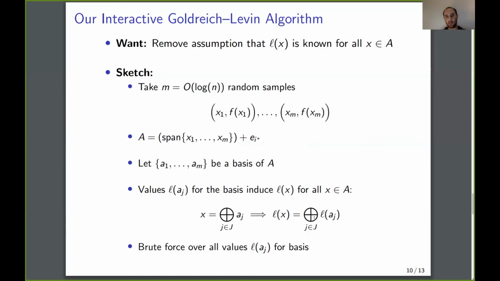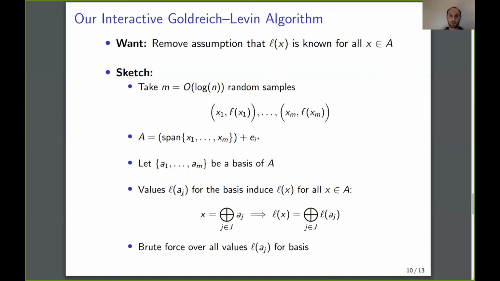What that means is that because m is logarithmic in n, there's only a logarithmic number of members in this basis, A1 till Am, so we can iterate over all possible assignments of values L(Aj) for all Aj. Iterating over all the assignments for a logarithmic number of bits takes polynomial time.